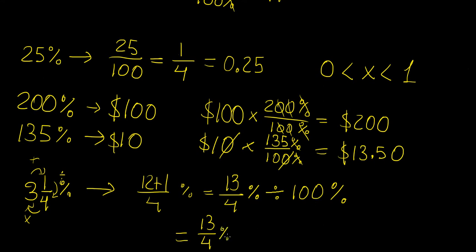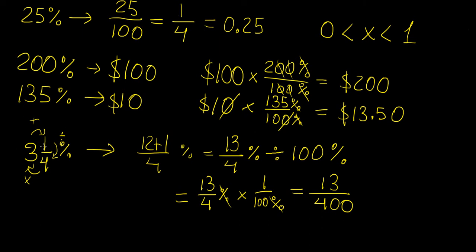So this is the same as writing 13 on 4% times 1 over 100%, such that the percentage signs cancel out, and now we're simply going to multiply the numerators and the denominators together. So this is going to become 13 on 400. So that's how you would express this percentage, which is a mixed number, as a fraction if you wanted to get rid of that percentage sign.